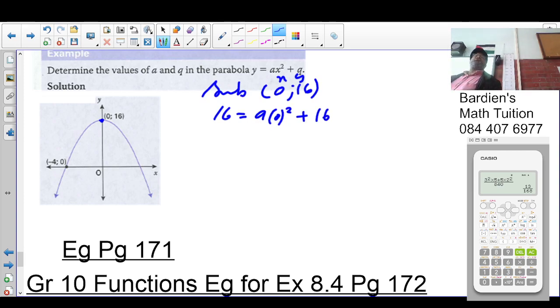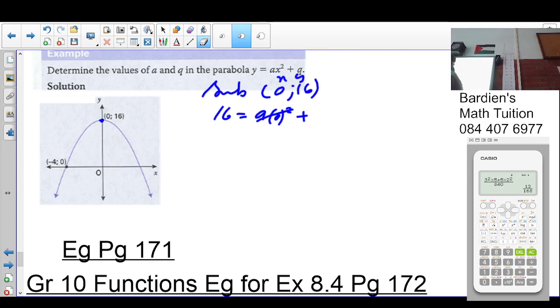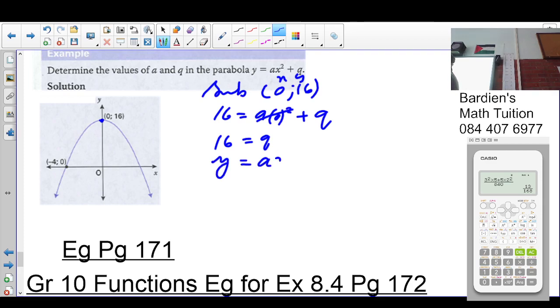What is 0 squared? 0. So q is equal to 16. Now my equation reads y is equal to ax squared plus 16. Now how do we calculate a?